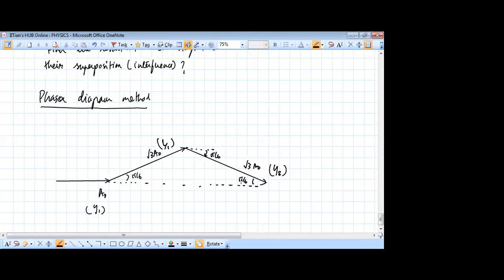It becomes pi by 6. So your resultant amplitude will just become this whole. That will be A naught plus root 3 A naught into root 3 by 2.